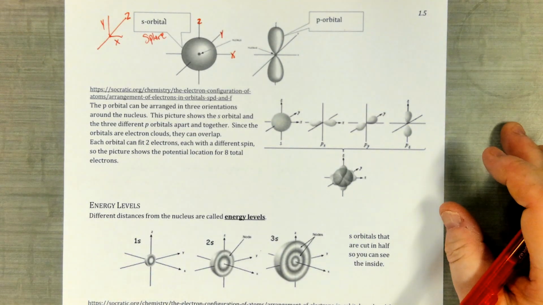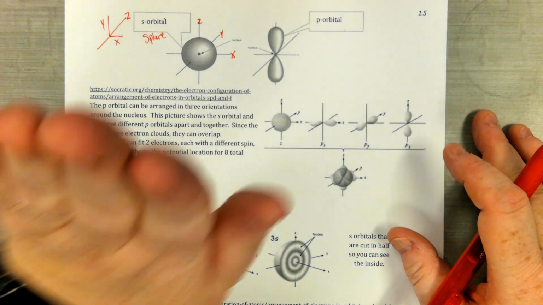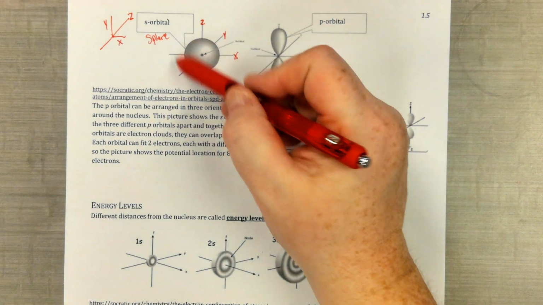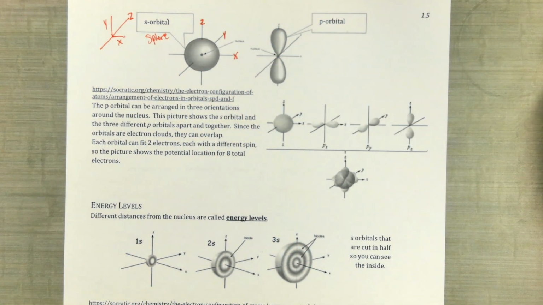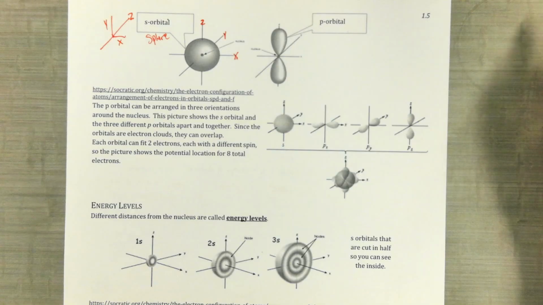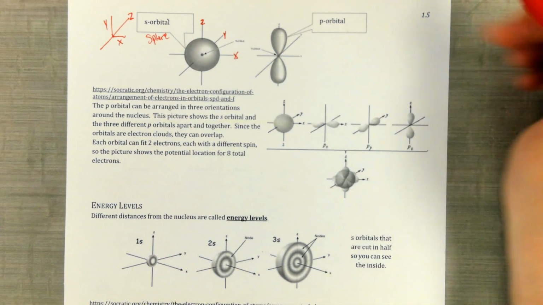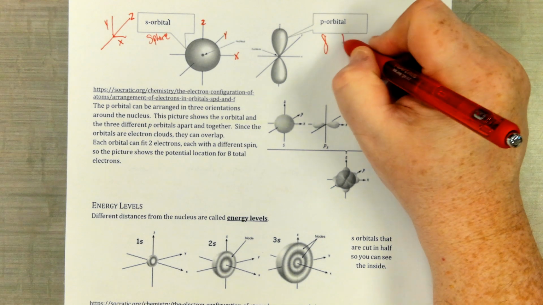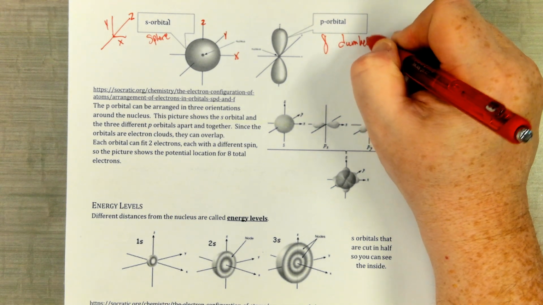It's like taking a graph and putting it on its side, and then you've got the z to show a 3-dimensional shape. So the S orbital is a sphere. The P orbital looks like 2 balloons tied together, or like a figure 8. We also call it the dumbbell shape.